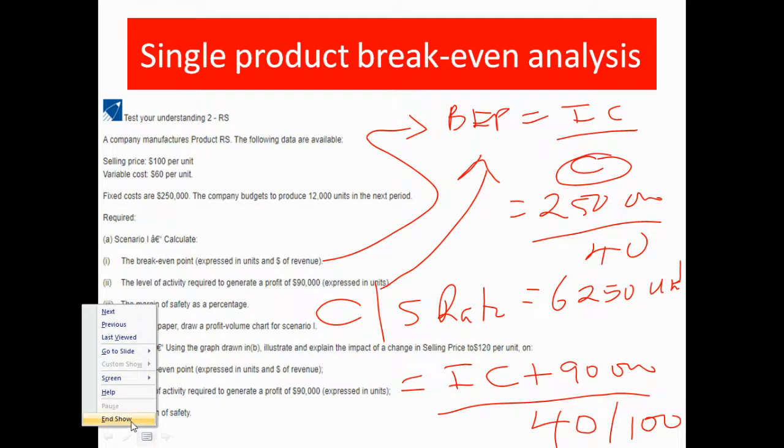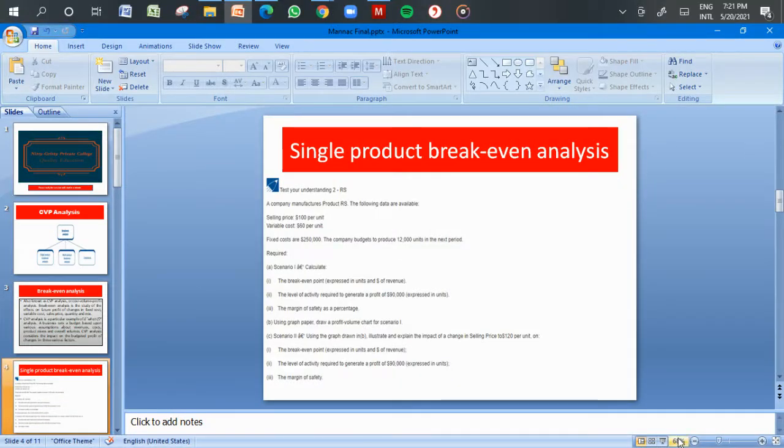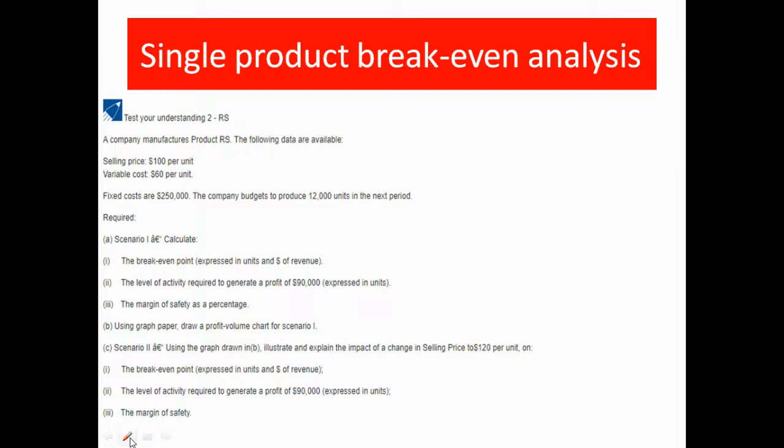Okay, then the margin of safety is simple by definition. It is the amount by which profit is allowed to fall before a loss is made.